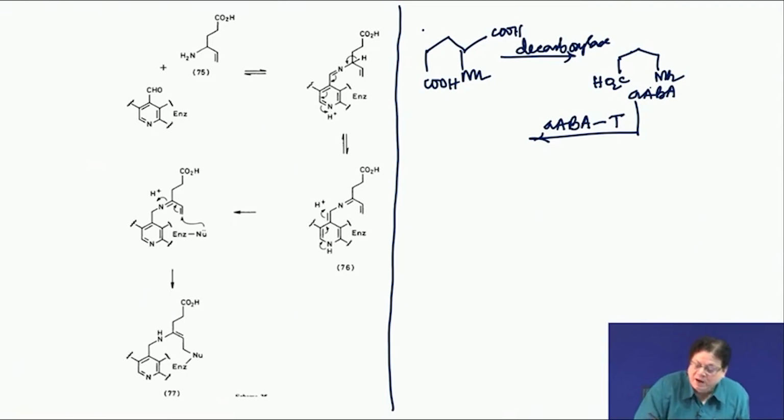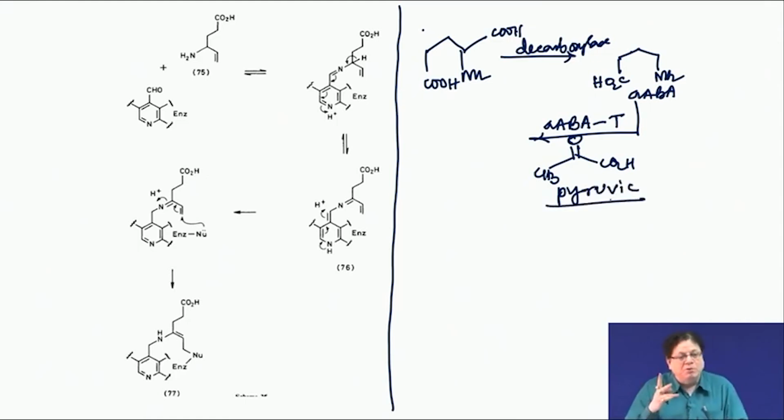Here, for this GABA, the corresponding alpha keto acid is pyruvic acid. Any transaminase will have two components, one is an alpha keto acid, another is the amino acid. It is not necessarily an alpha amino acid; here it is gamma aminobutyric acid.